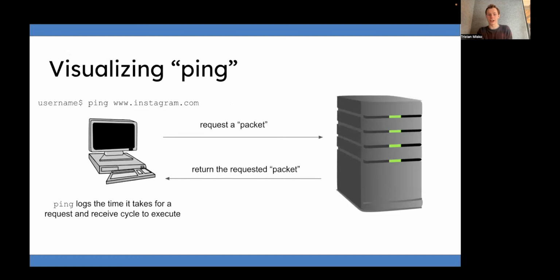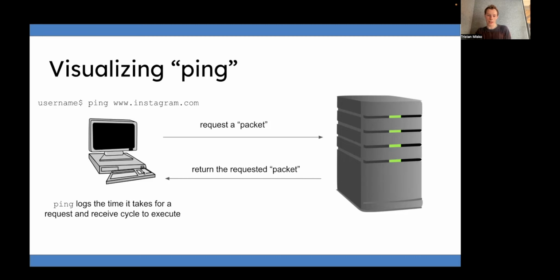All right, moving on. So we're going to now use this on our machine. What I'm going to do is visualize this function called ping here. On your terminal, which I'll show you how to open in a second, or your command prompt if you're using Windows, you're going to send ping to Instagram.com, and you're going to request a packet and return. Instagram.com gets resolved to some string of four 3-digit numbers.